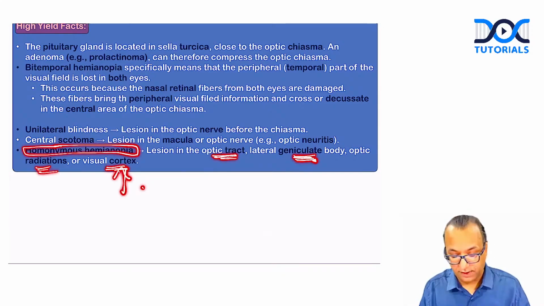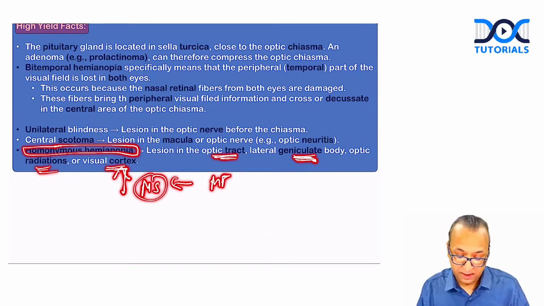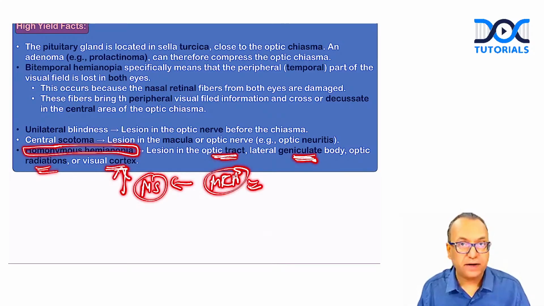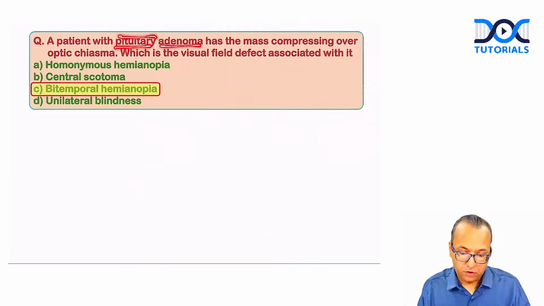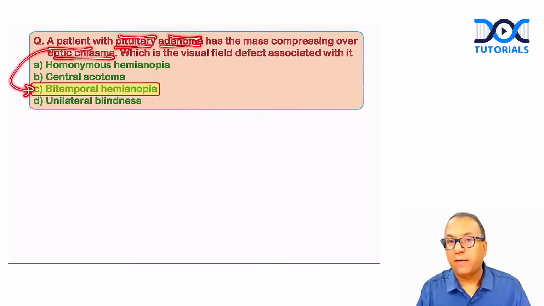But if it is visual cortex, you may see macular sparing because of additional supply from middle cerebral artery. We are assuming that there was a block in the posterior cerebral artery, but middle cerebral artery is still working. So macular area, central area is still working. So if it is a pituitary adenoma like prolactinoma, compressing optic chiasma, your answer is bitemporal hemianopia.